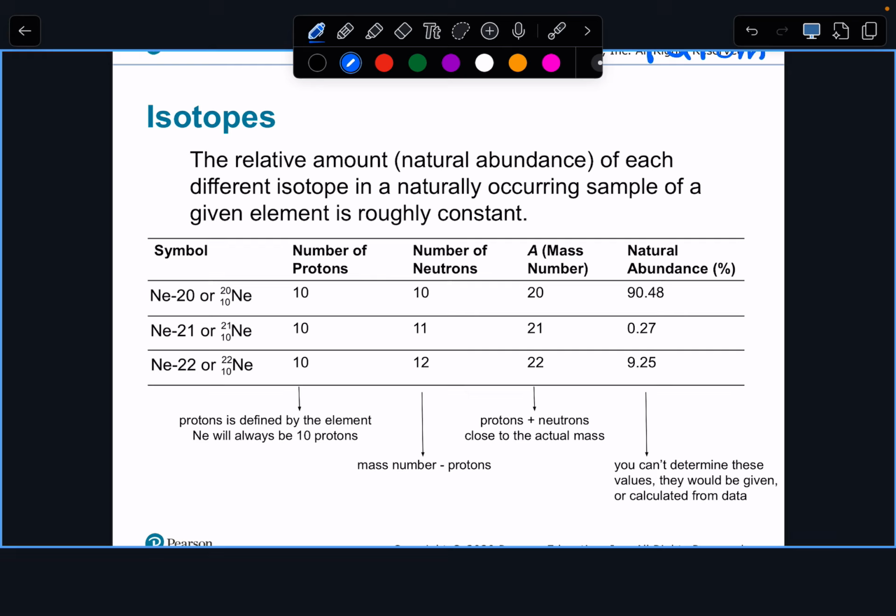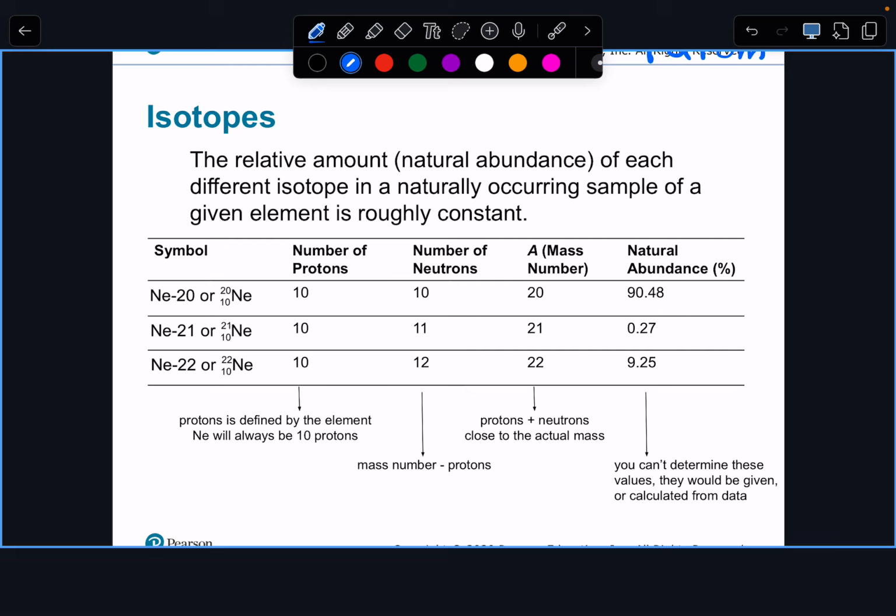Yeah, we can't go measure all of the neon, but we do have ways of estimating how much of a particular isotope is in different things. Like even in the stars, we can get ideas of that based on lots of cool stuff that we're not going to talk about yet.